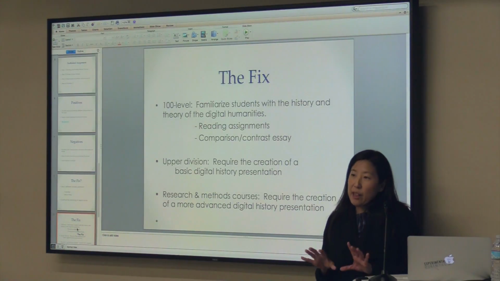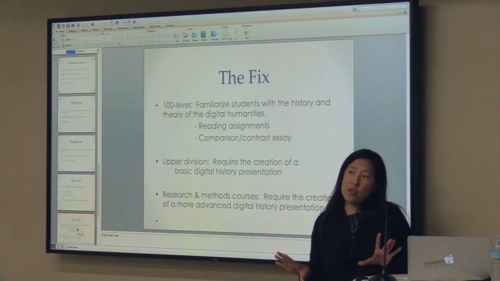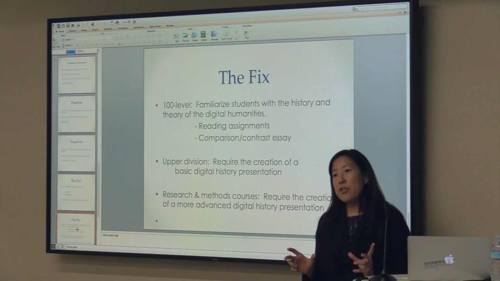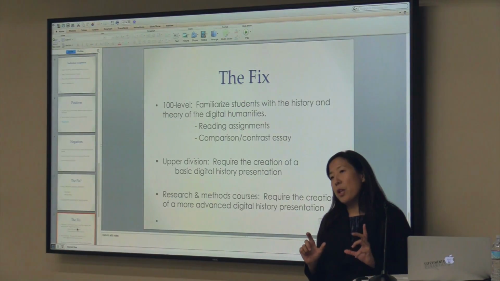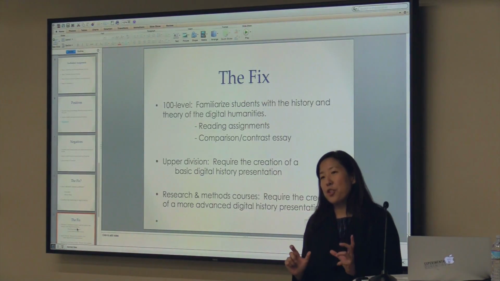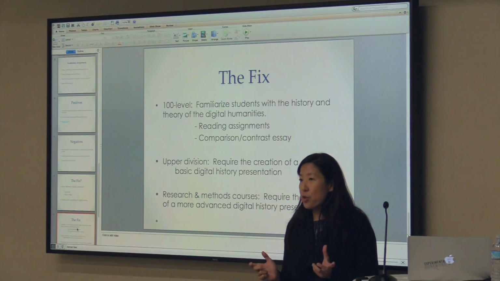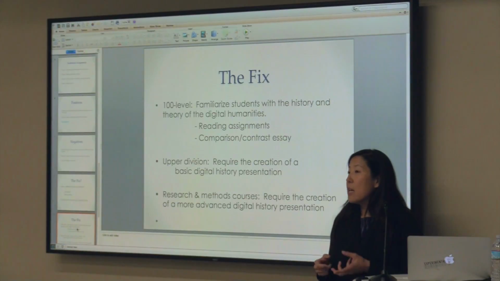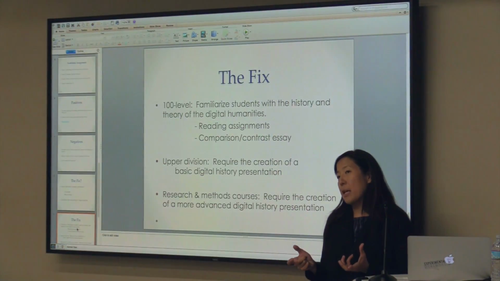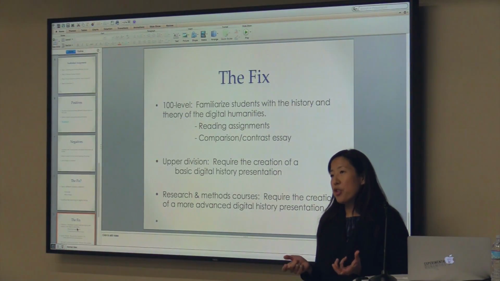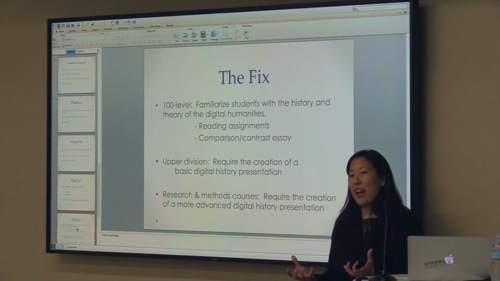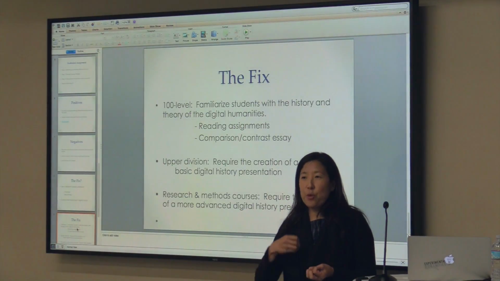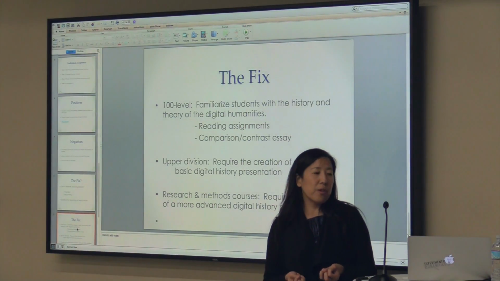I've been thinking that at the 100 level, in these introductory U.S. History Survey courses, what I would do is provide my students with the historical and theoretical context to the digital humanities. Here the students would be reading a journal article or 2 about the digital humanities, and then they would finish an essay assignment in which they were required to compare and contrast a digital presentation of a historical event with a conventional paper presentation of a historical event.